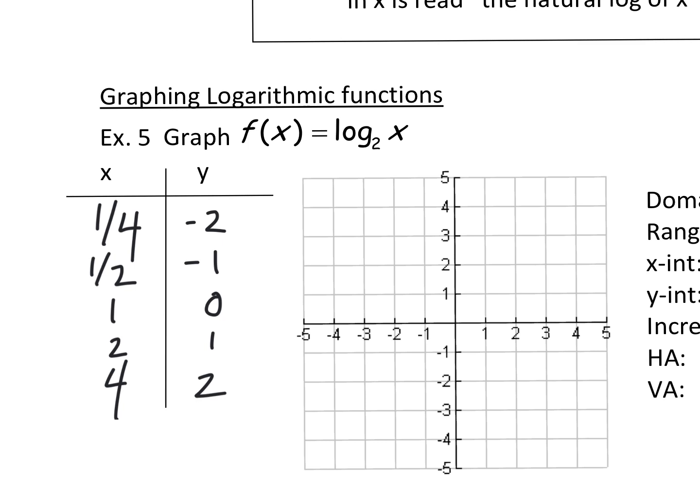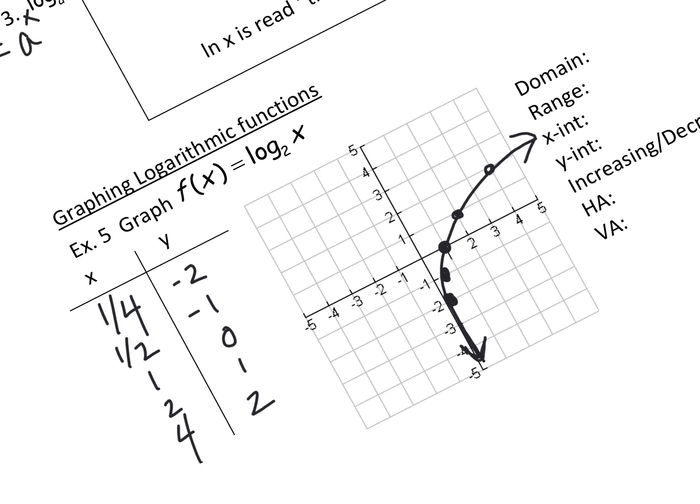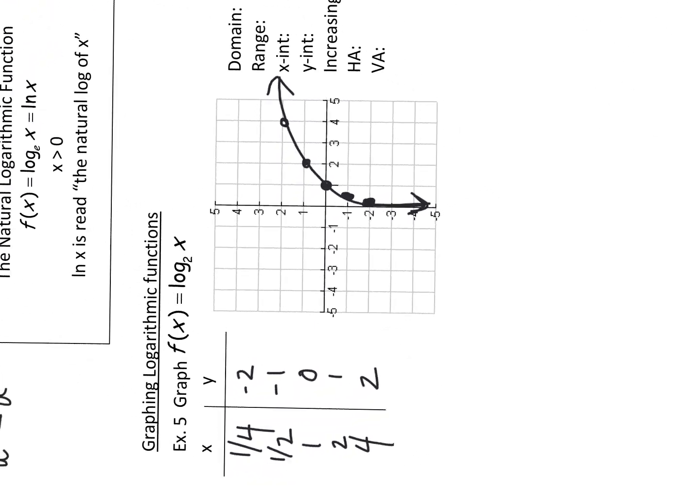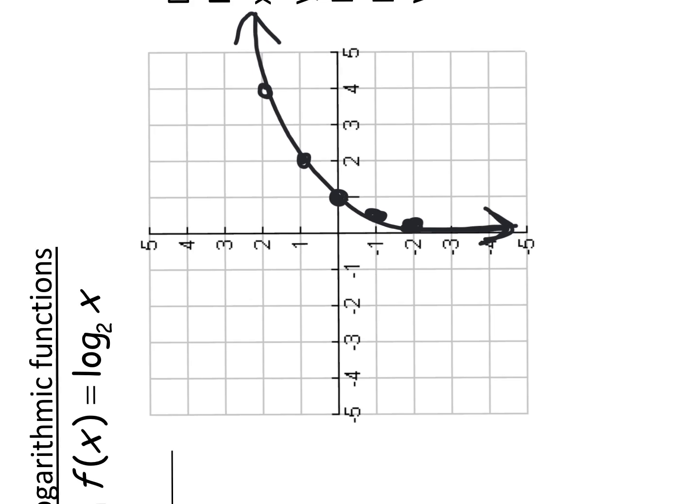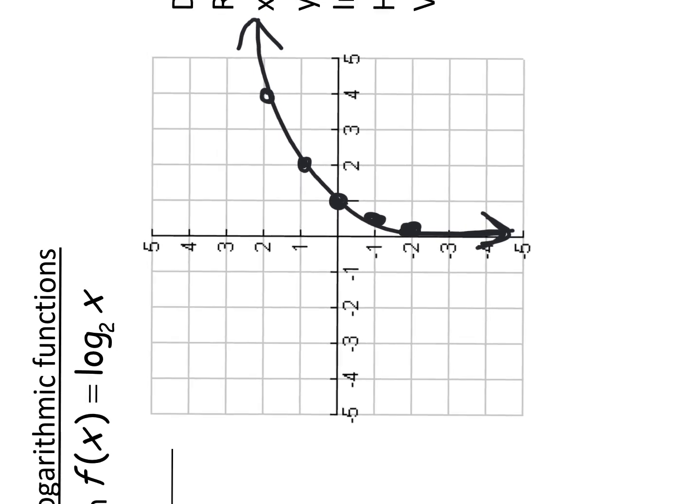If I have 1/4, -2, that'd be somewhere around there: 1/4 for x, -2 for y. Then 1/2, -1; 1, 0; 2, 1; 4, 2, and our graph overall will look like this. Note this is supposed to be going straight down. We see we have very similar characteristics. If you turn that on its side, it looks just like an exponential function.